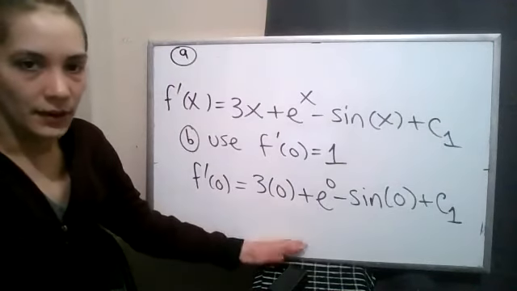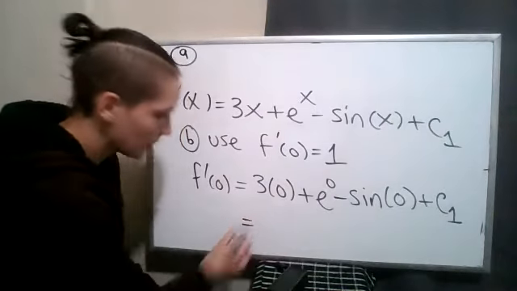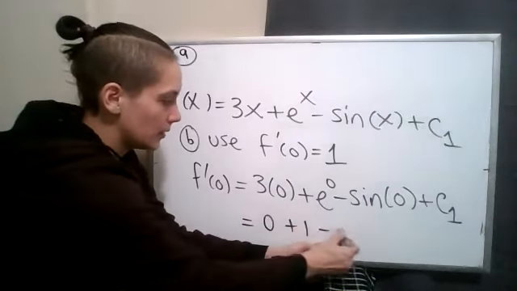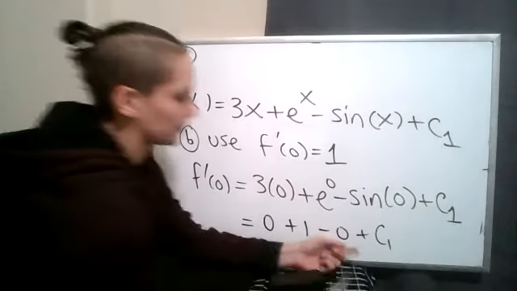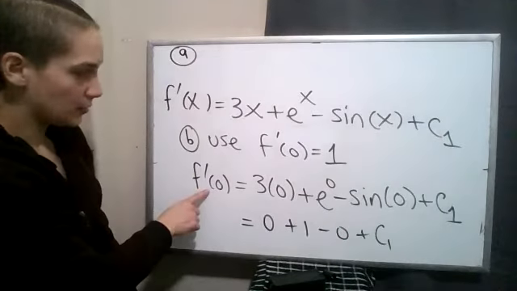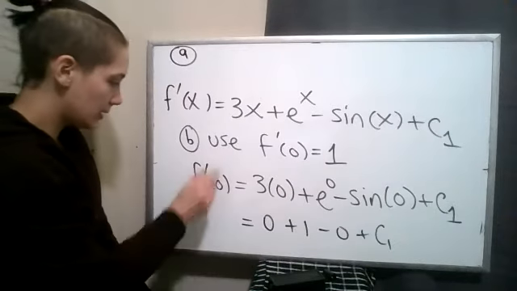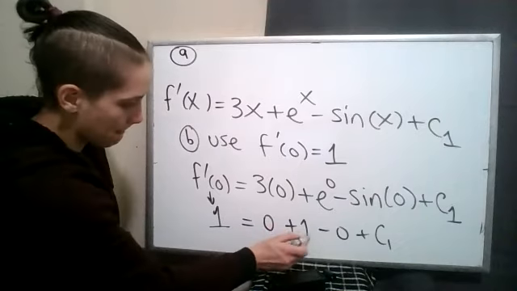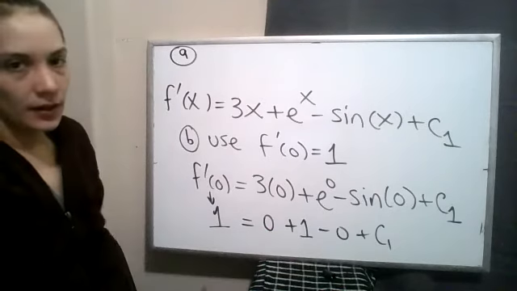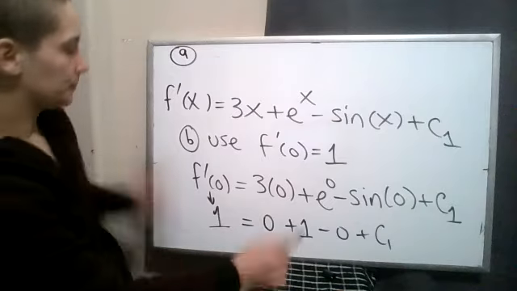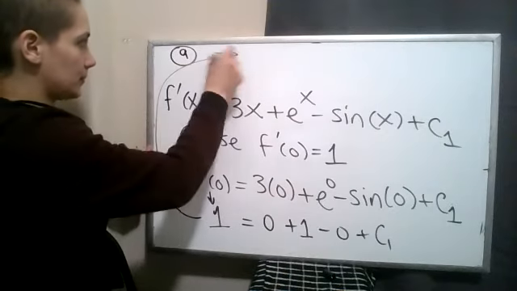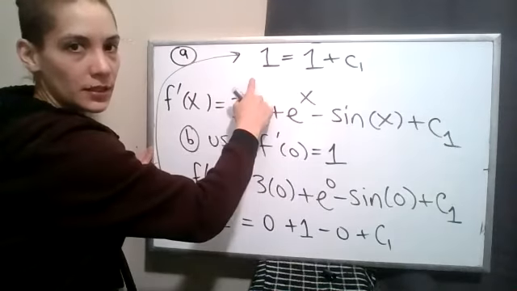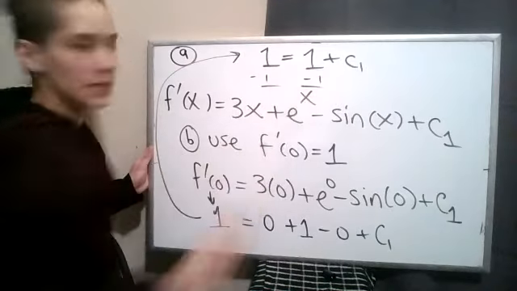On this side of the equal sign, we'll simplify. This is 0, this is 1, this is 0. F prime of 0 equals 1, so this is being replaced. 1 equals 1 plus c1. Minus 1 on each side, c sub 1 equals 0.